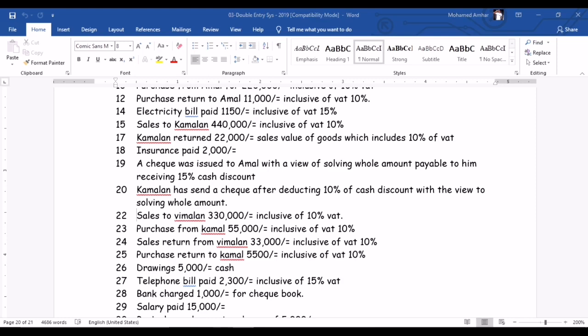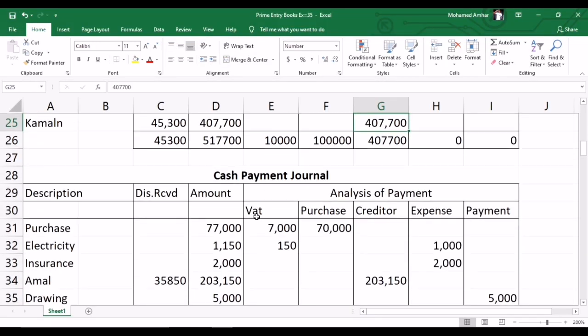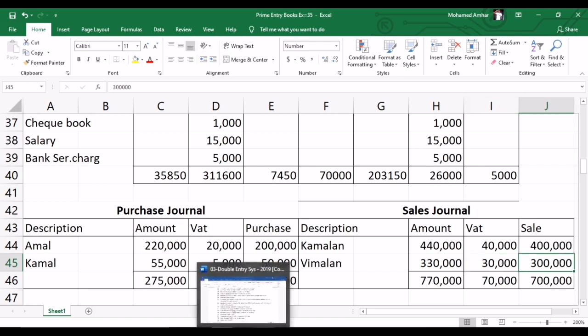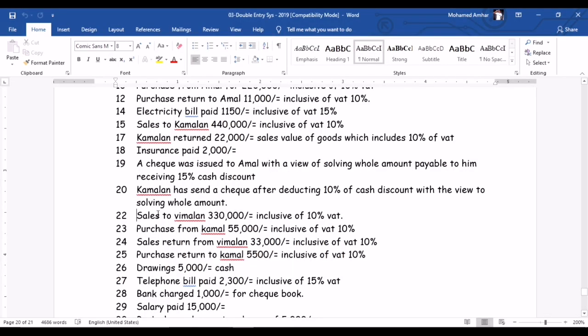So in your worksheet, under the sales journal, Vimalan 330,000 total amount, and inclusive VAT is 30,000. So sales is 300,000.